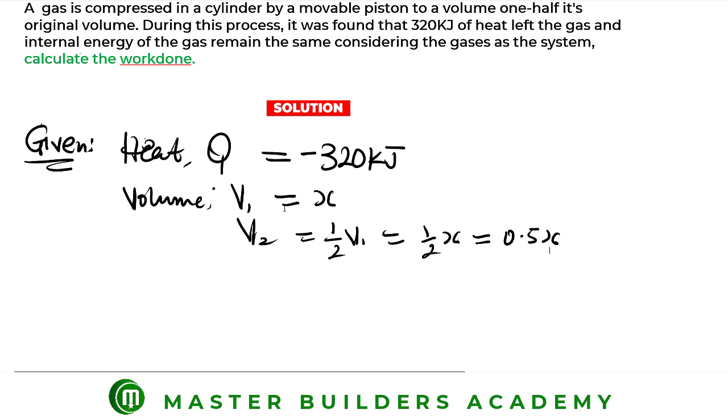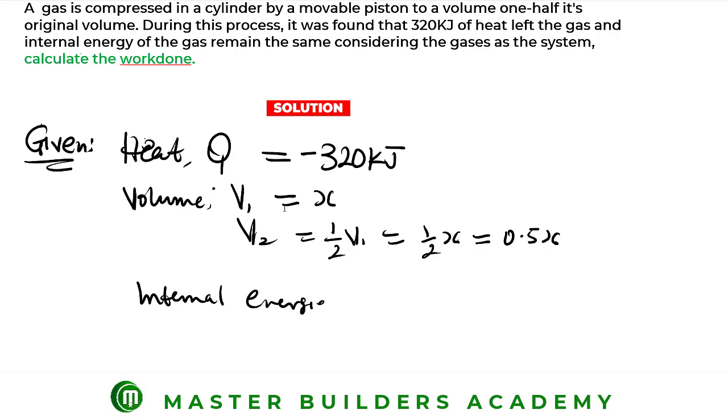We were told that the internal energy remains constant. Now, whenever internal energy remains the same, that means the change in internal energy is 0. Otherwise, let's do it this way. Now, internal energies.